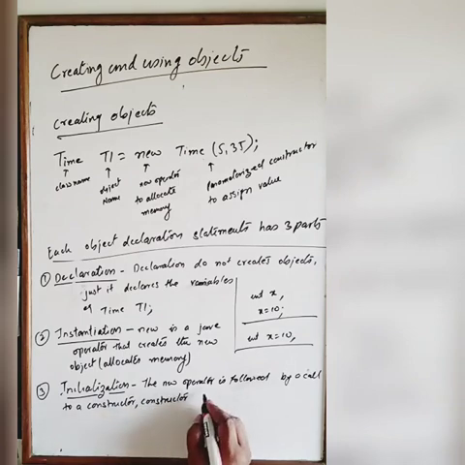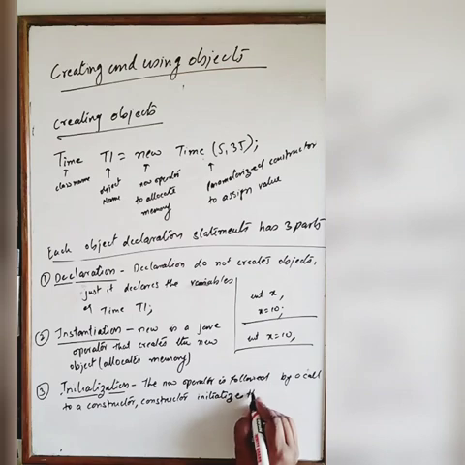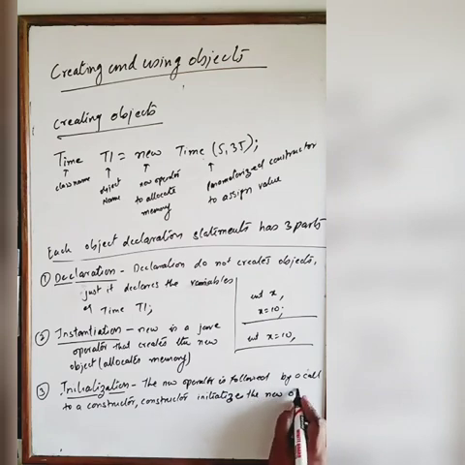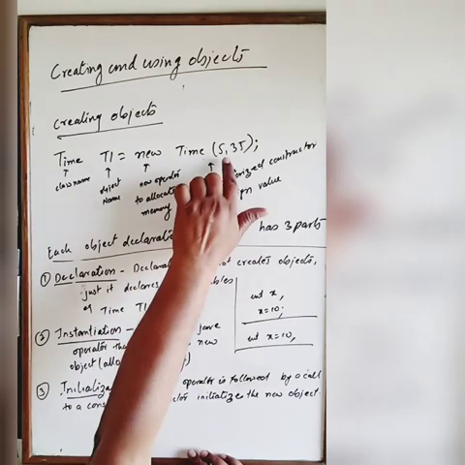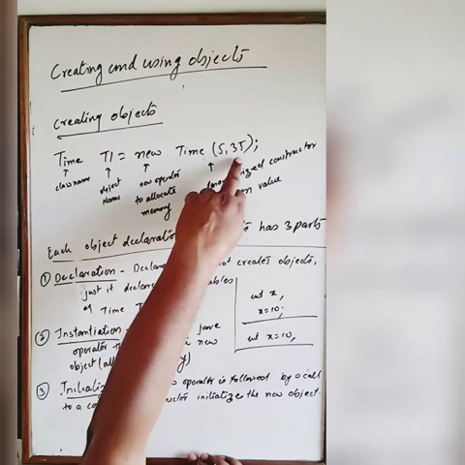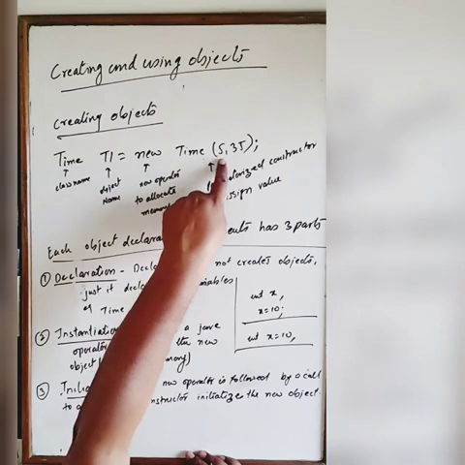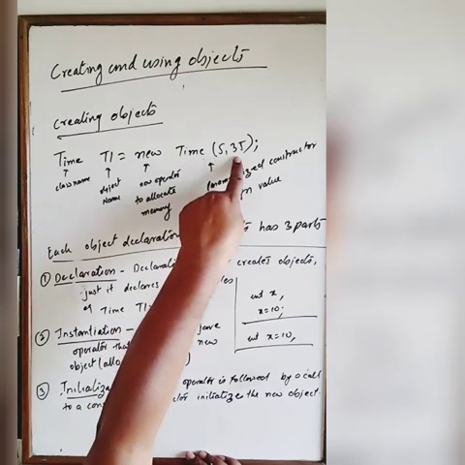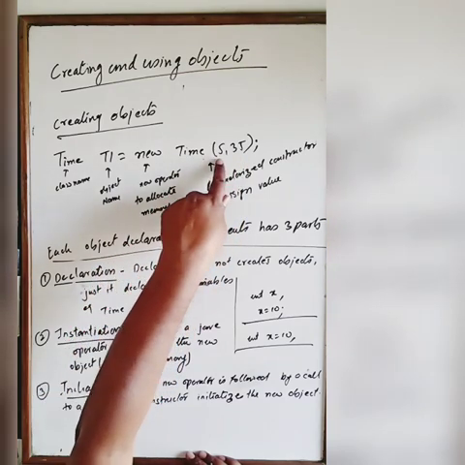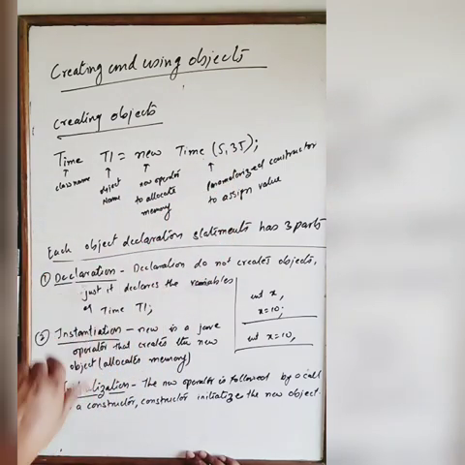The constructor initializes the new object. Here, initializes the new object means it gives a value. Now this value will be taken there in hr and min, and they will be initialized because a parameterized constructor will be called. Just see, h was received here and min was received by this, and inside we have done hr is equal to h and min equal to m. So this value will be initialized.